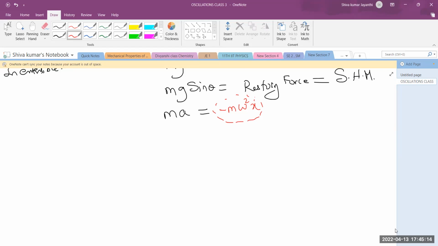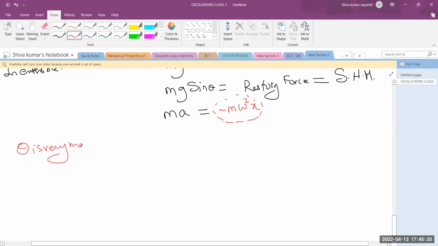So this angle theta is a very small angle. For a very small angle, what did I tell you that day in class? Sin theta becomes almost equal to theta. Only for small angle, when the bob is given a very small angular displacement.